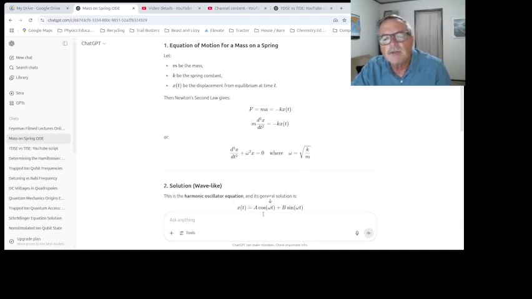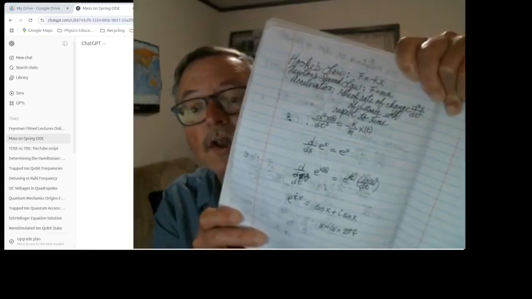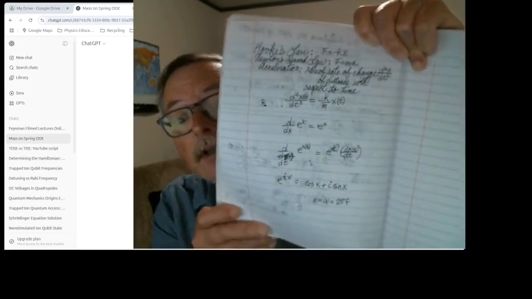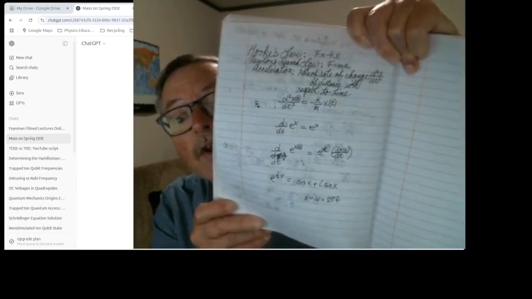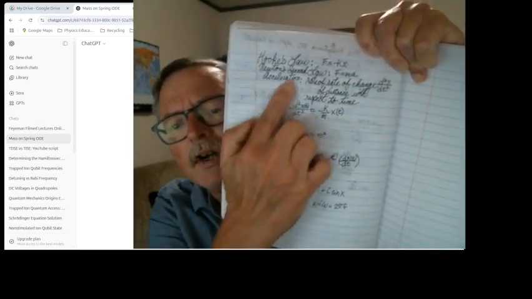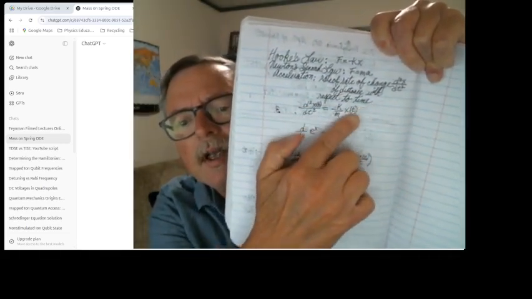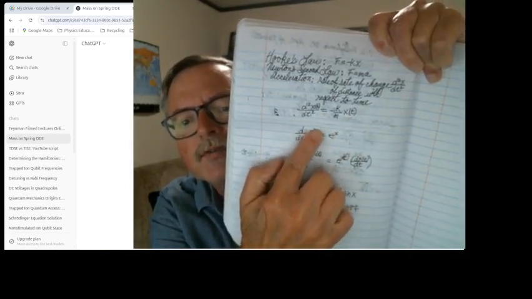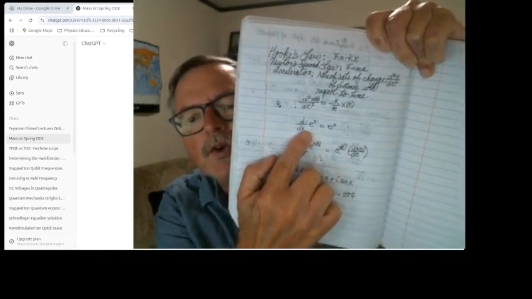Now, I'm going to change this step a little bit and show you my notebook. There's Hooke's law. There's Newton's second law. So this is all the same stuff, and then this is the same stuff. Now this is something new.